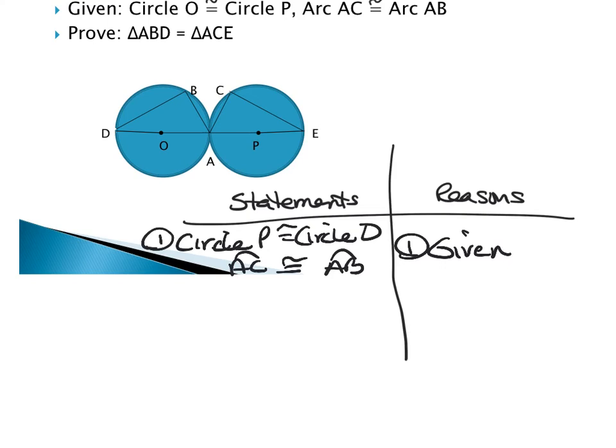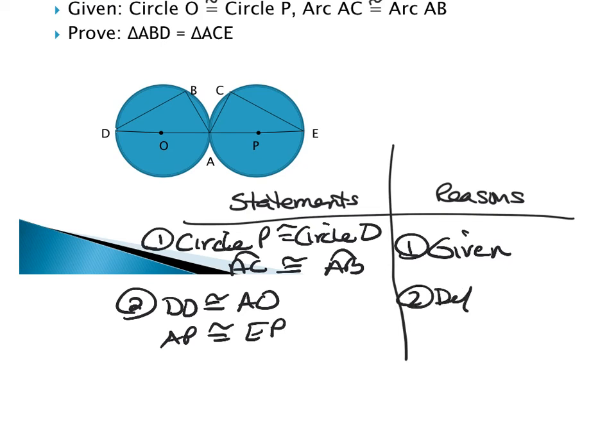Next, I'm going to realize that I have congruent circles. So by definition of congruent circles, I could state that DO is congruent to AO, and AP is congruent to EP. And this is by definition of congruent circles.